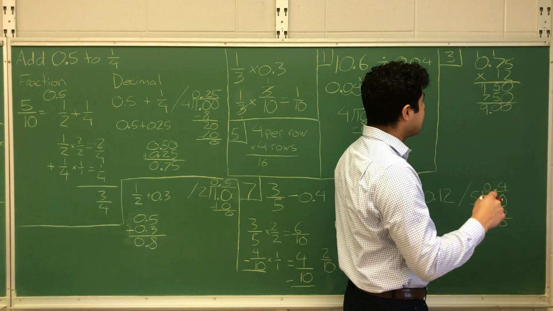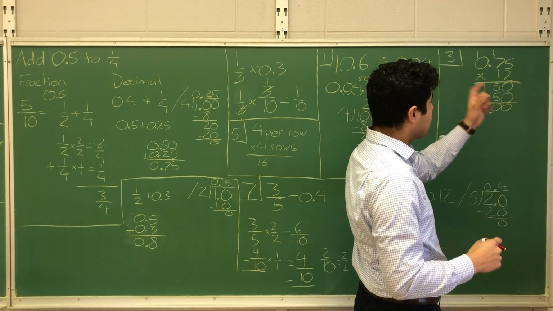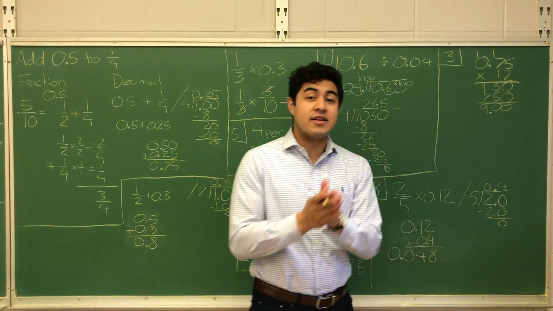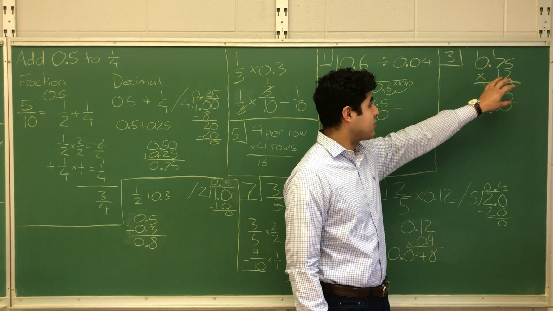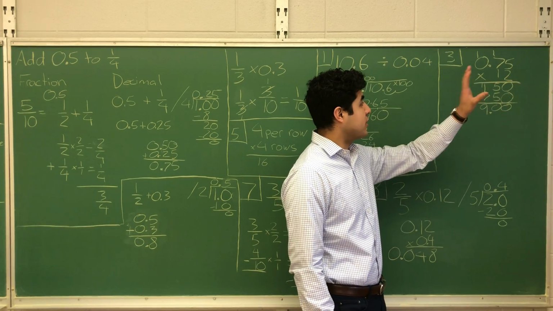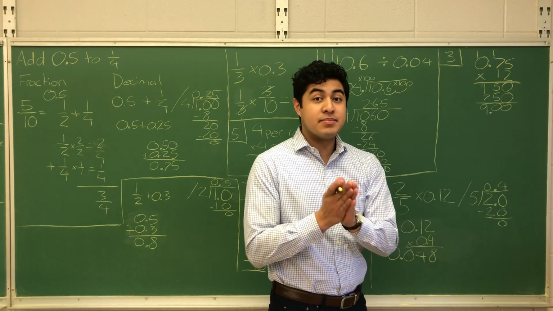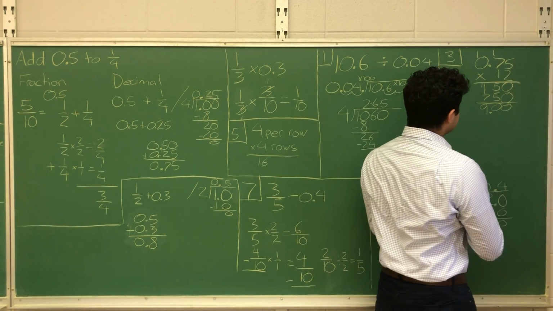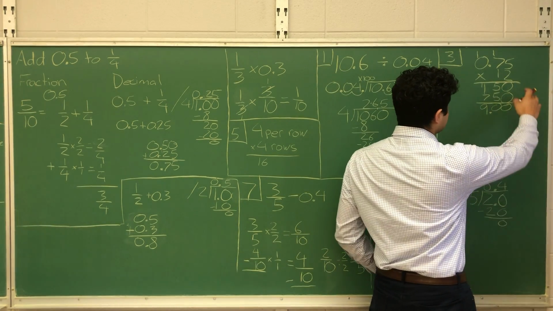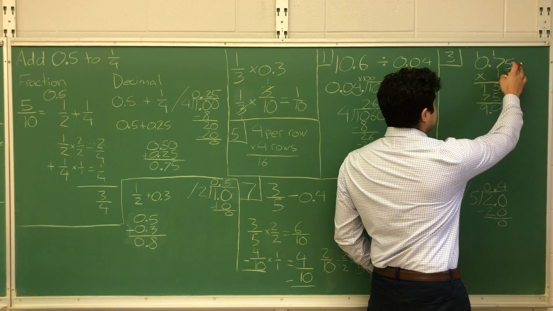When multiplying with decimals, remember, it's important that the numbers are lined up. In this case, there's no decimal for the whole number, so we don't need to line that up. We need to line up the digits when multiplying decimals. So set it up like a basic multiplication problem, 0.75 times 12.